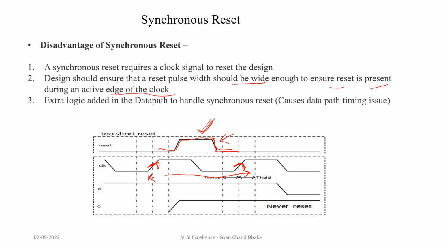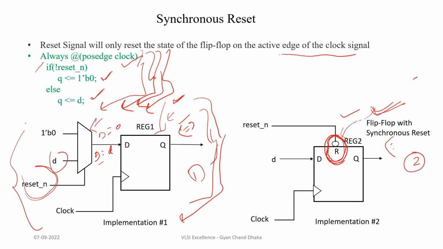Now the third one is that synchronous reset can add extra logic in the data path, which can cause data path timing issues. For example, here we saw that with synchronous reset, one extra mux got introduced.